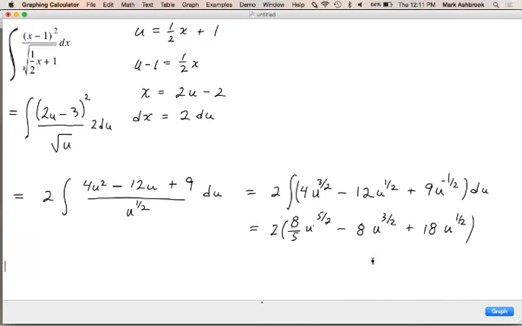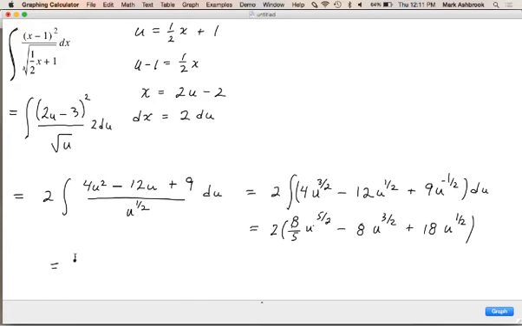Now that we've taken the antiderivative, we want to get this in terms of x, right? So what does it equal? Let's distribute the 2, or should we factor out? Let's distribute and just keep them separate terms.